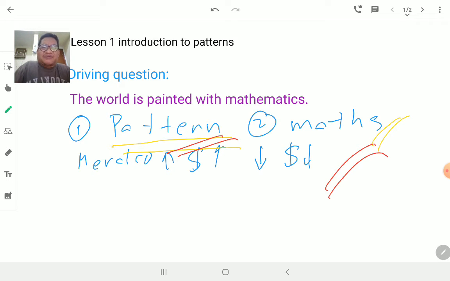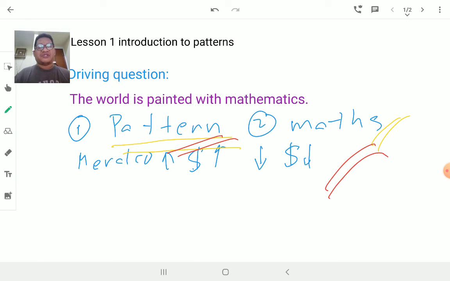Why did I say something beautiful? Because if you search on Google or YouTube for Fibonacci in music, it's actually extremely beautiful. Try to figure it out and you will find it. So therefore, guys, in conclusion, we can say that we are surrounded with mathematics.